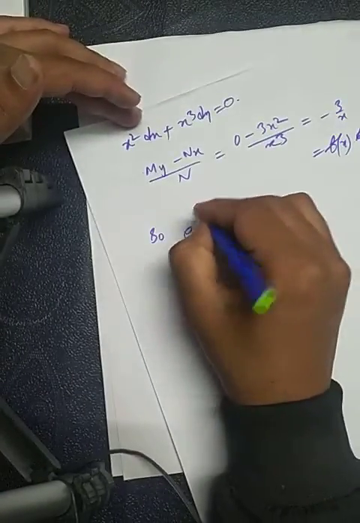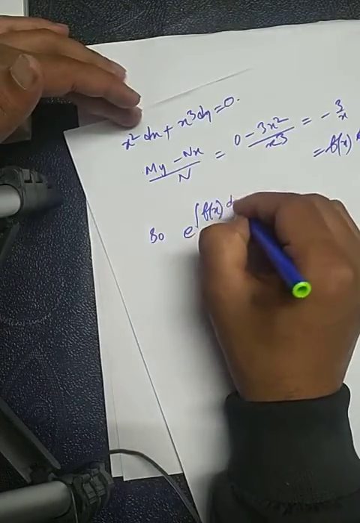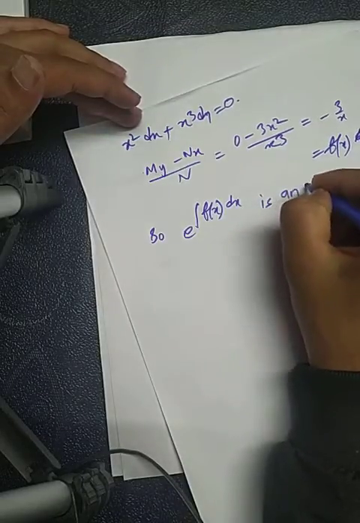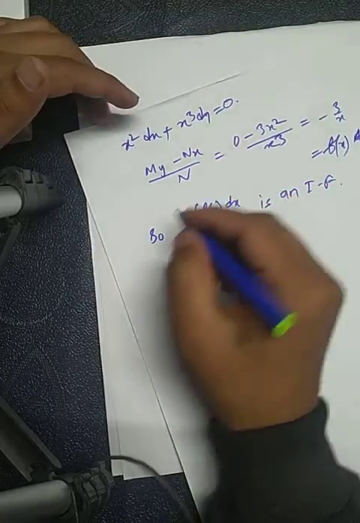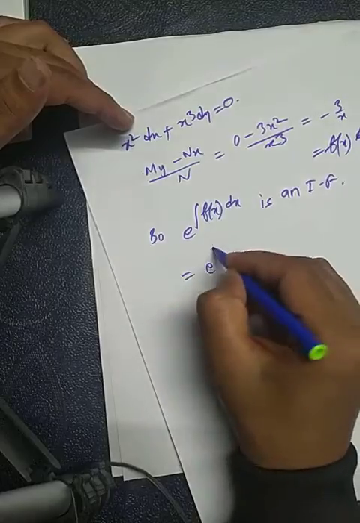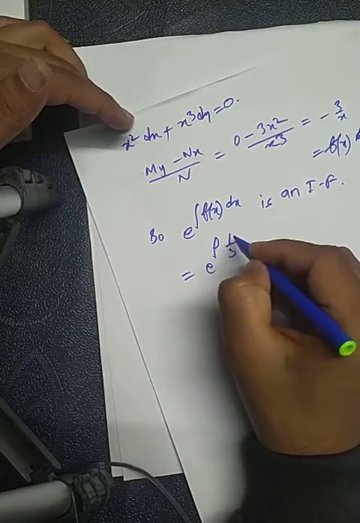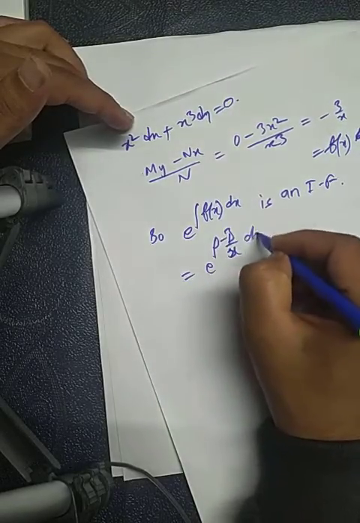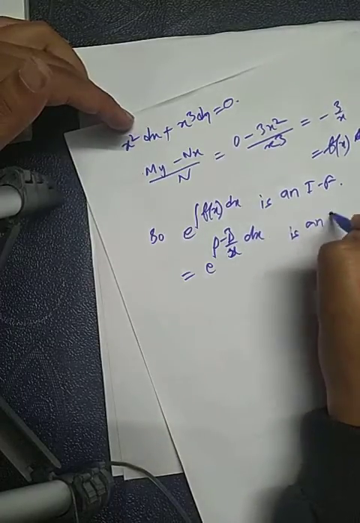So e to the power integration f(x) dx is an integrating factor by that rule. So e to the power integration of −3/x dx is an integrating factor.